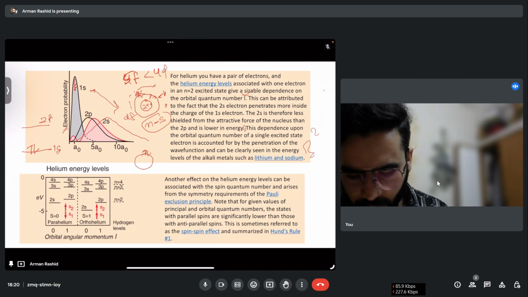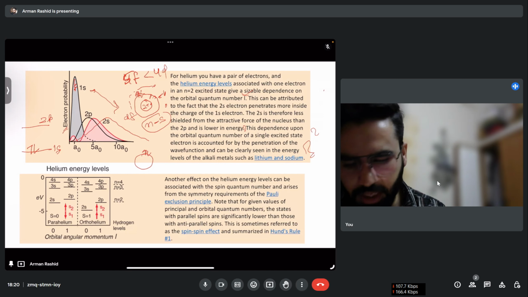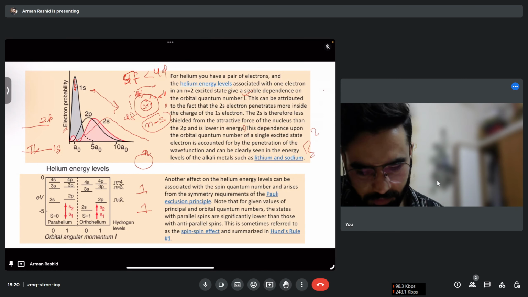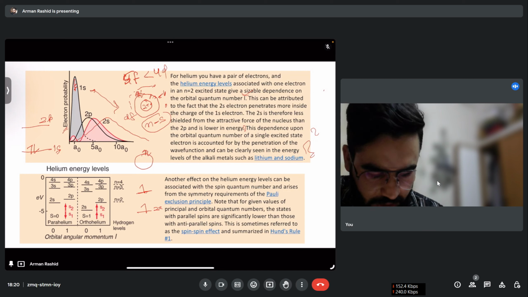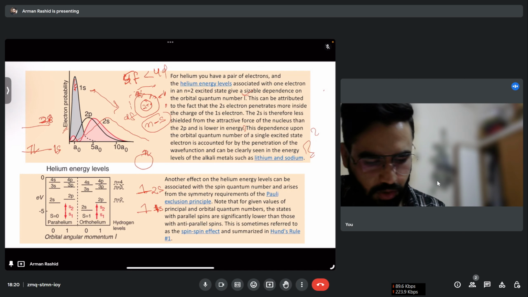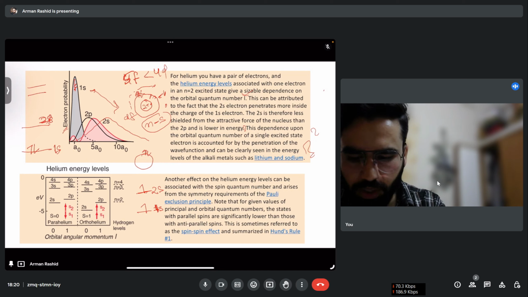One of the electrons will go from here to there, so its first excited state will be 1s 2s. So after 1s you will have 2s, then you have 2p: 1s, 2s, 2p.